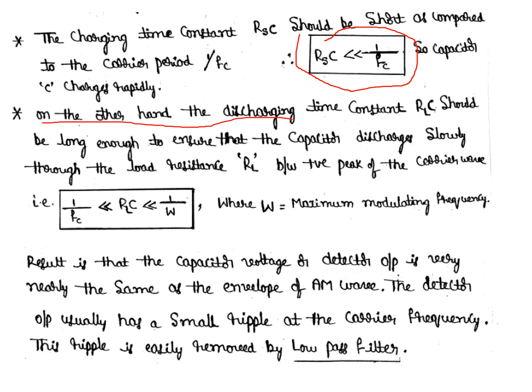On the other hand, there is the discharging time constant RLC. When the diode is reverse biased, the capacitor is going to be discharging through the load resistor. Charging to acquire the peak voltages should take very little time, but while discharging, the time required should be very large.